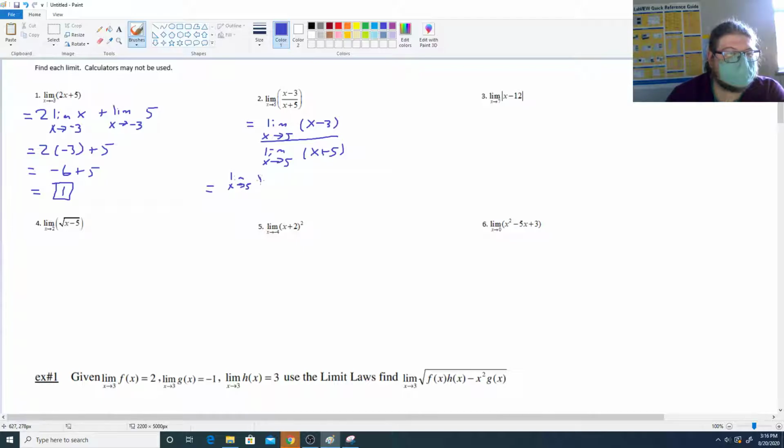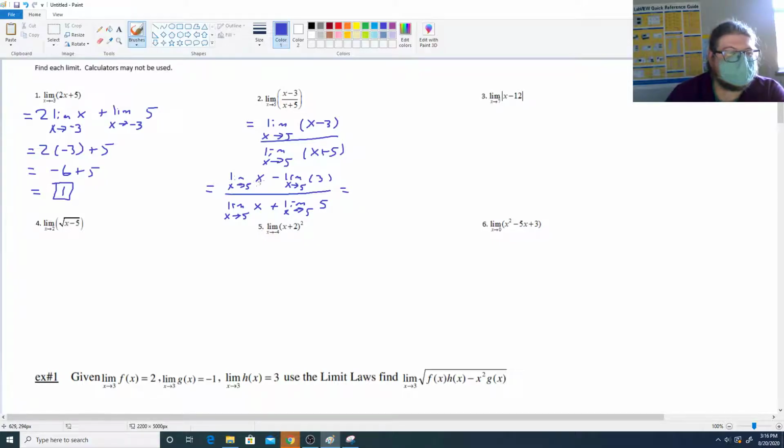So it'll be the limit as x approaches 5 of x minus the limit x approaches 5 of 3, over the limit as x approaches 5 of x plus the limit x approaches 5 of 5.